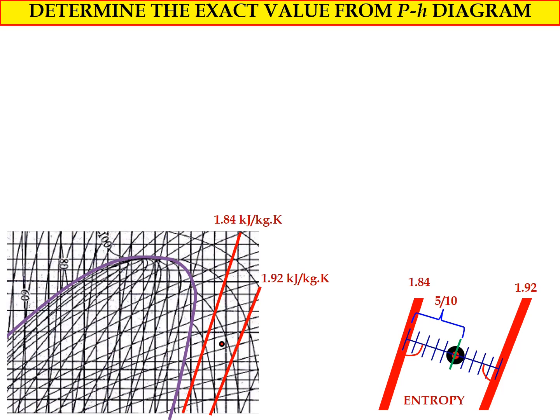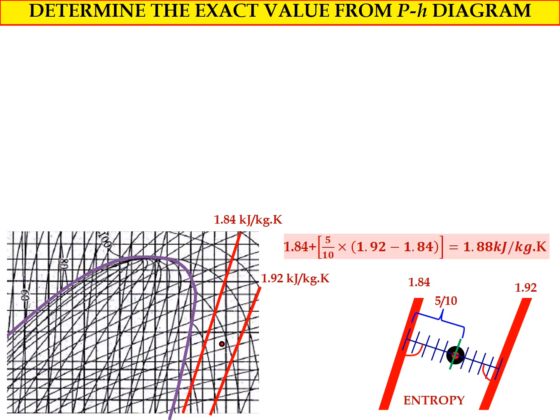Now in order to determine the exact value, we just use a simple calculation, similar to the calculation for interpolation. So the exact value will be 1.84, the lowest value of the entropy for this case, plus 5 divided by 10 multiplied by 1.92 minus 1.84. So we'll get the exact value of entropy for the point, which is 1.88 kJ per kg Kelvin.